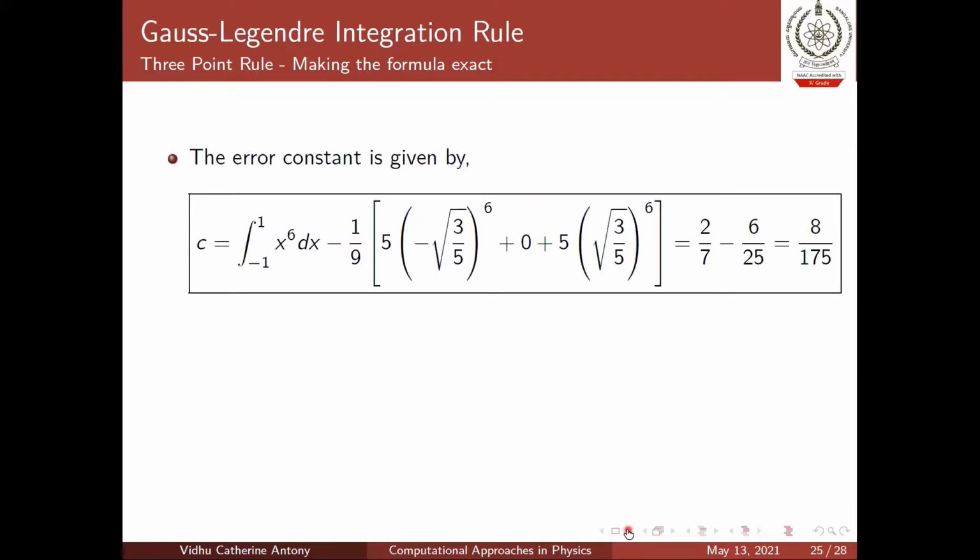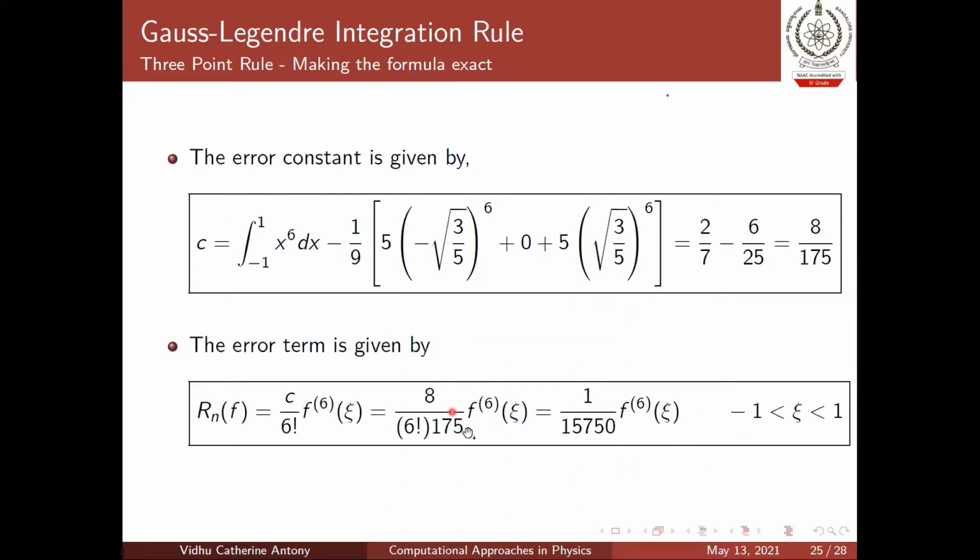Okay, so this is the error constant. What do you do for your error constant? You take x power 6. We haven't made this formula exact for x power 6. So you take the integral from -1 to 1, x power 6 dx, minus the Gauss Legendre integration rule for the 3-point integration rule, and then you end up getting 8 divided by 175.